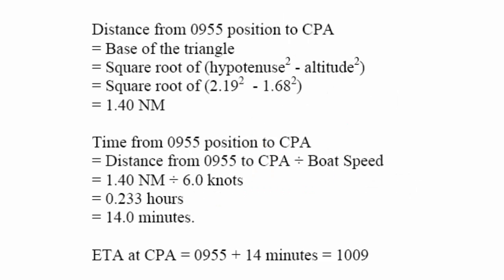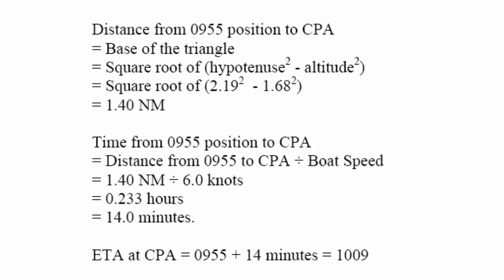So the distance from the 0955 position to CPA equals the square root of hypotenuse squared minus altitude squared. And that equals the square root of 2.19 squared minus 1.68 squared, and that equals 1.4 nautical miles.